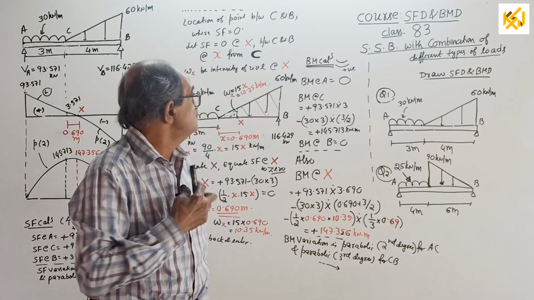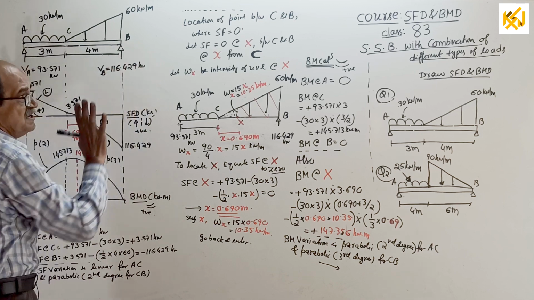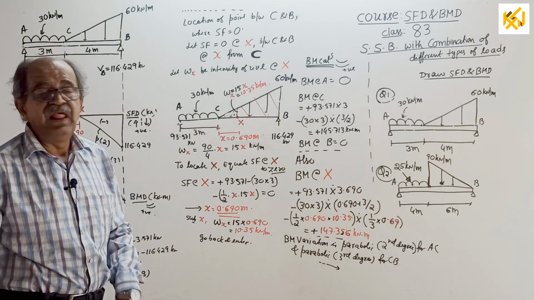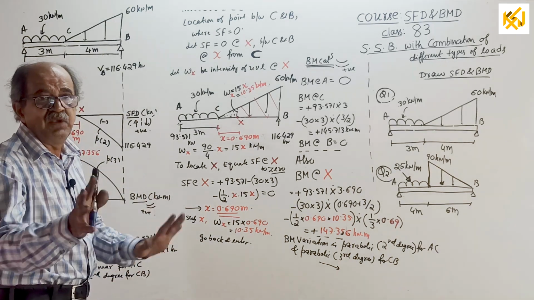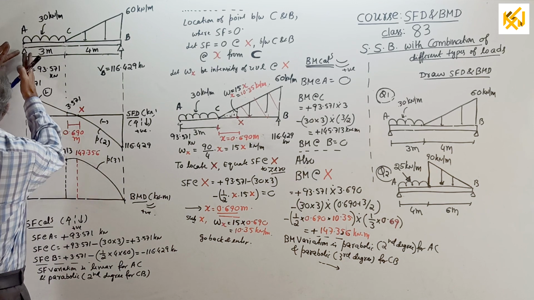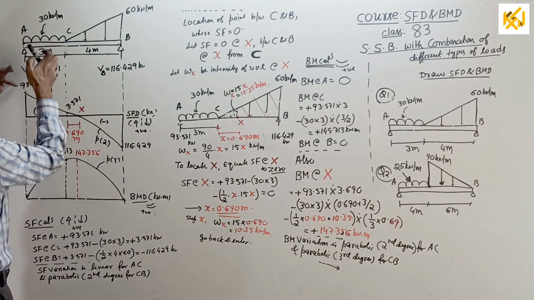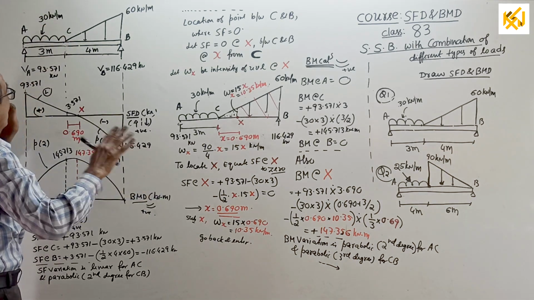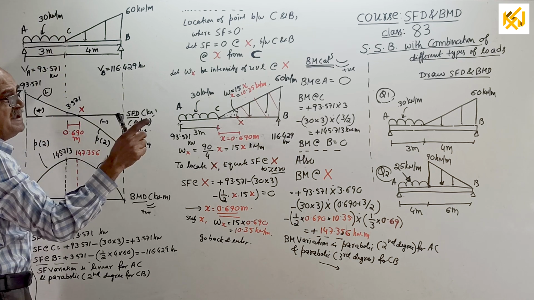We will continue. I have drawn the beam here with the reactions. Draw the shear force diagram. First I will tell how to draw the shear force diagram without showing calculation. Take your calculator. Start from here, go up by 93.571. From A to C, come down linearly by 30 into 3, that is 90 kN.